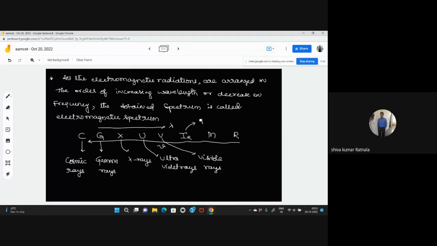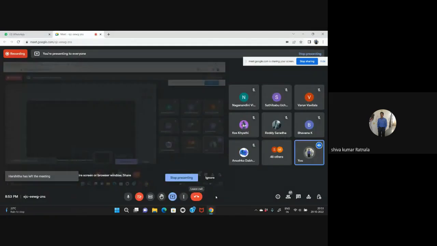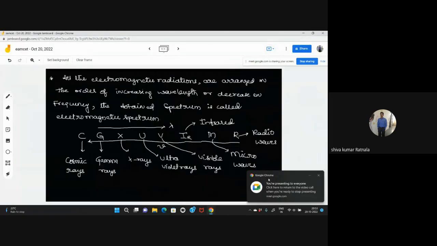IR represents infrared rays. M represents microwaves, and R represents radio waves. Okay, so these are all the electromagnetic radiations which we are going to observe. So this is about the wave theory and its parameters, the electromagnetic spectrum and the relationship between the quantities.